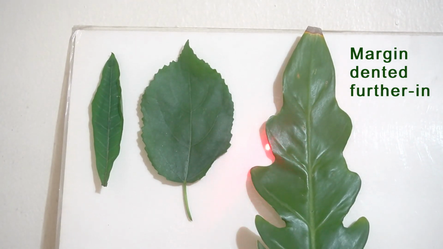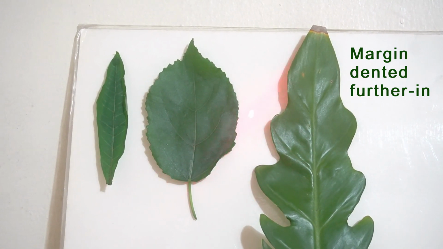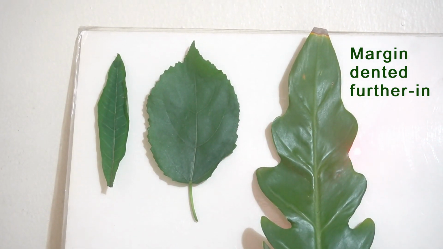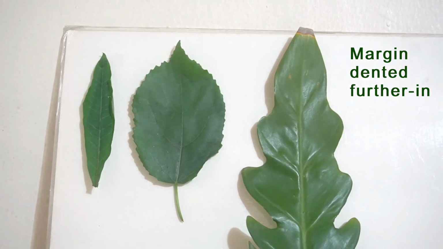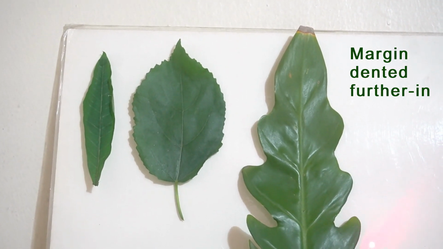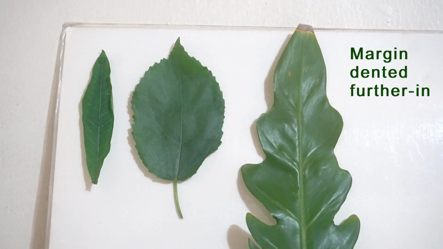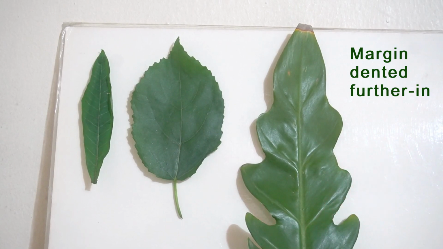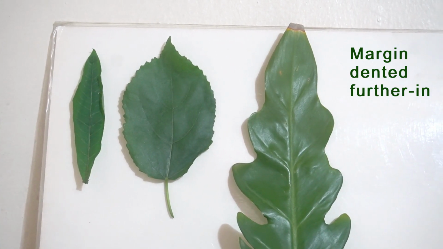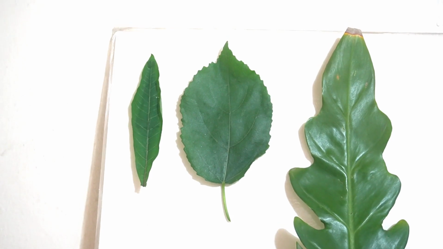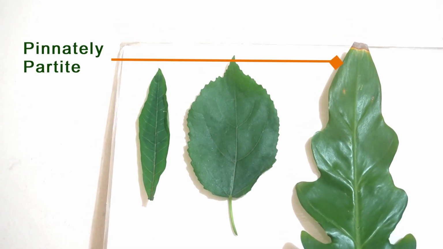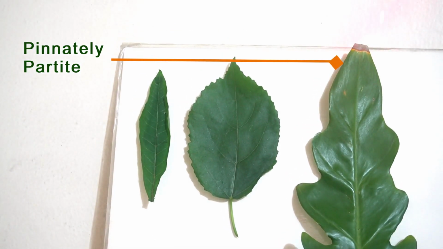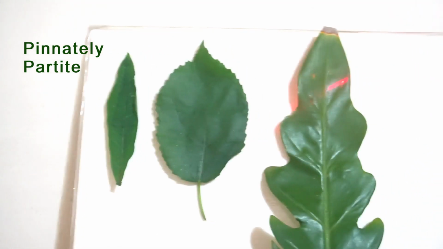You can see it's dented further into the leaf. So we call this kind of dented margin pinnately partite. This one we call pinnately partite.